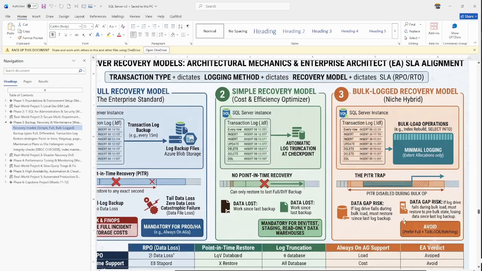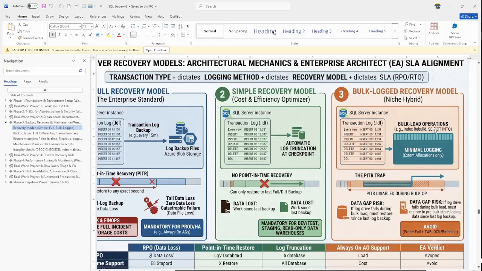You need to prefer full. If you are just doing indexing or a lot of bulk inserts, then this will be the best option.